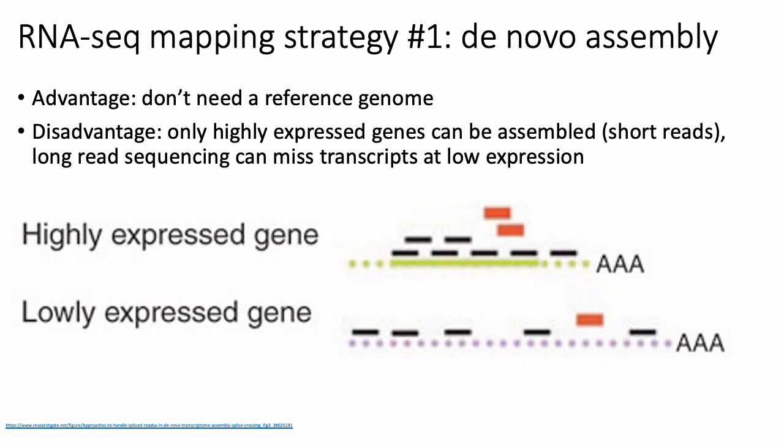And so this is analogous to the whole genome assembly approach we talked about previously, where the idea is you take your shorter long reads from your RNA-seq experiment and you basically just try to rebuild the original transcripts that the reads came from. And so similar to the whole genome assembly problem, this approach essentially relies on very high coverage of all the transcripts that you're trying to rebuild.